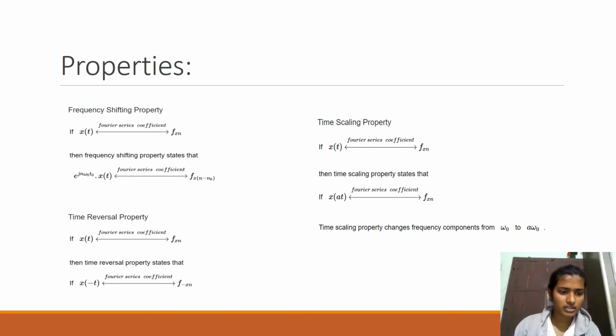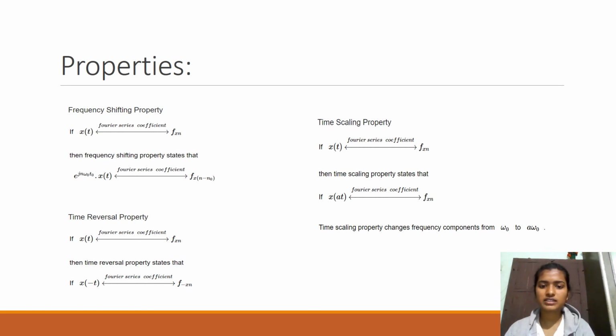Another property is the time reversal property, in which we simply reverse the time, so t becomes minus t. The time reversal property states that for x of minus t, the Fourier series coefficient will be f of minus n.